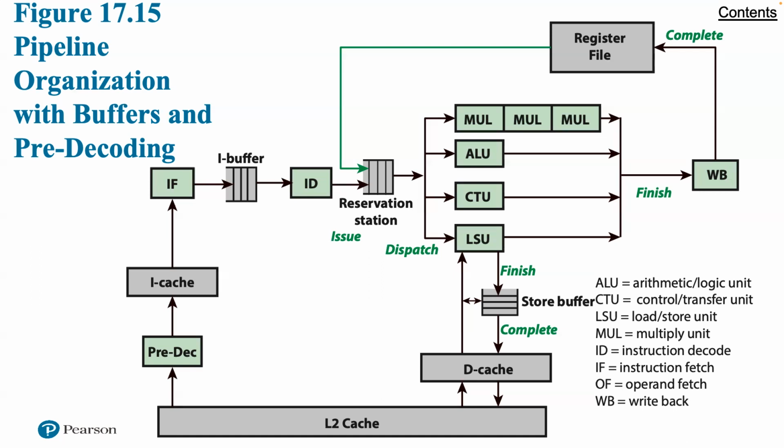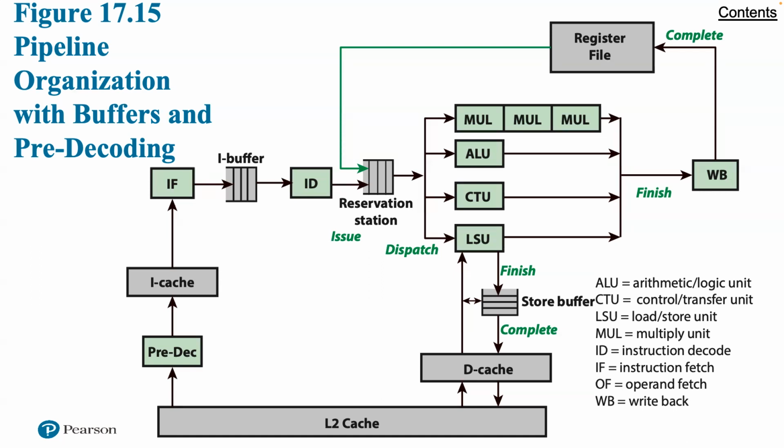As the pipeline structure becomes more complex, these functions take more time, especially for a CISC machine such as the x86 architecture. However, as we move to the superscalar architecture in the next chapter, in which multiple instructions are decoded in parallel, even RISC architectures require substantial decoding time.